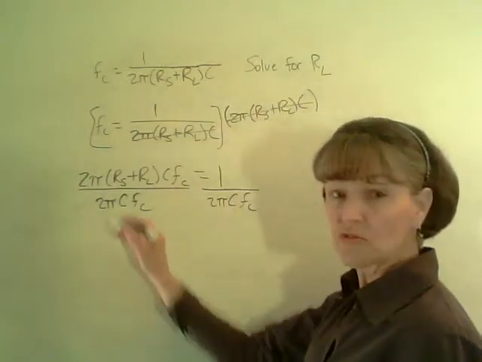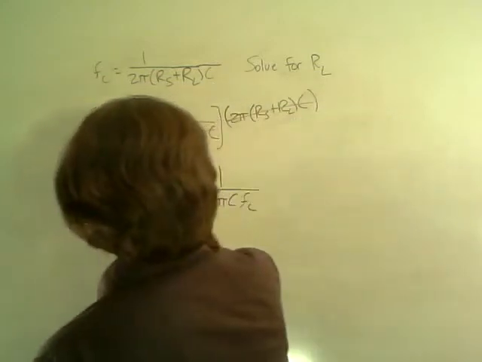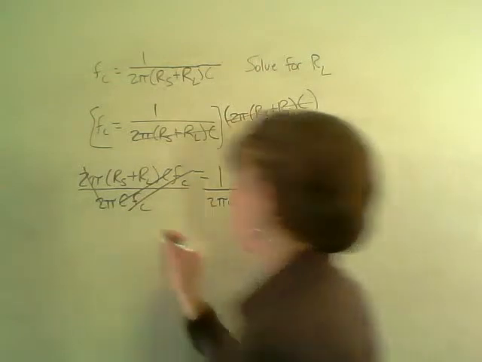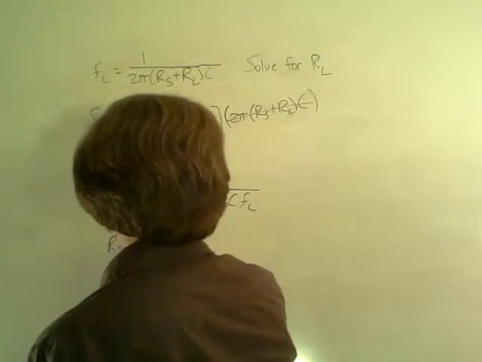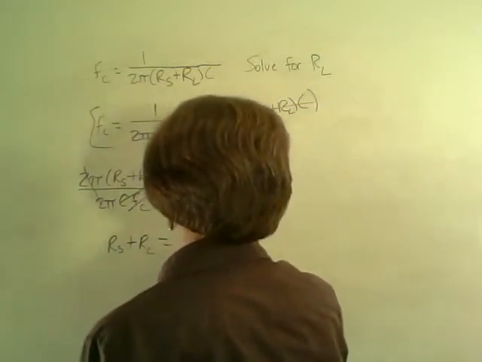All right, well, when I do that, on the left-hand side, the 2 pi's cancel, and the C's cancel, and the FC's cancel, and I end up with RS plus RL. On the right-hand side, I just end up with 1 over 2 pi C FC.